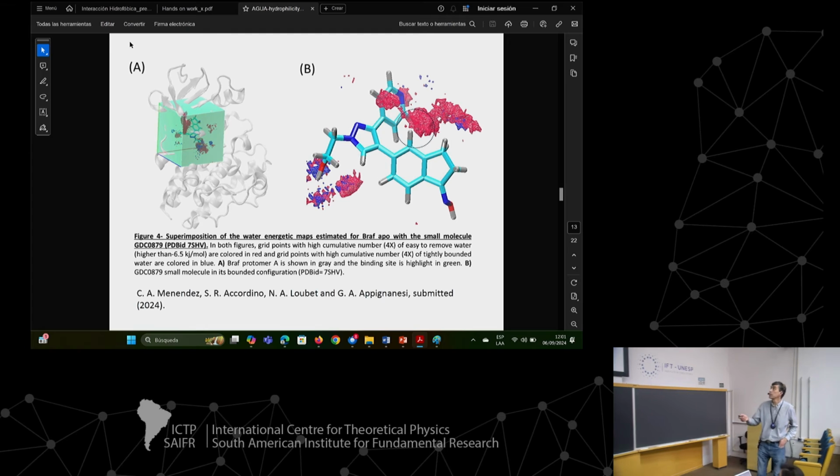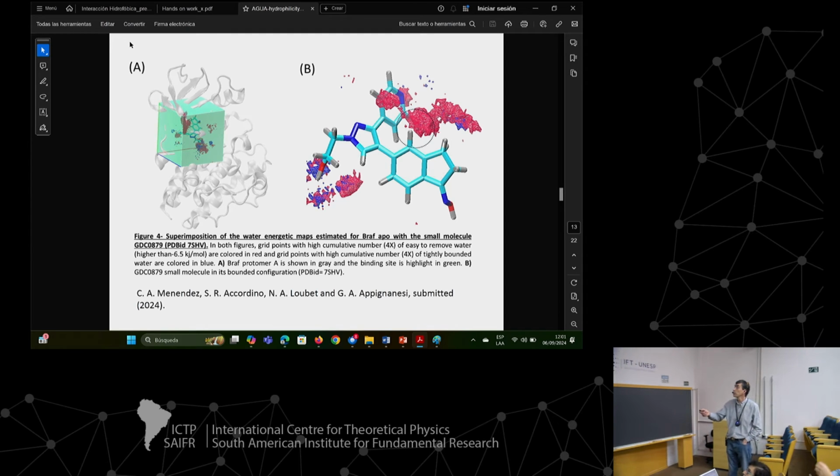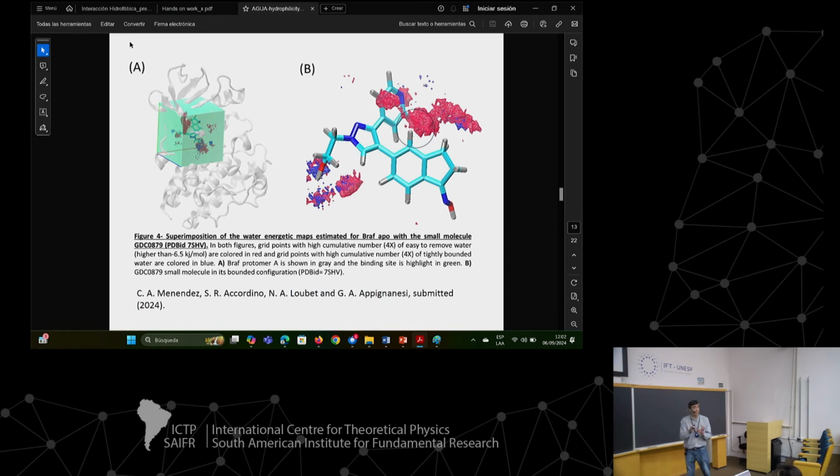Quickly, this is the binding site for one of these bromodomain proteins, and here it is co-crystallized with a ligand. What we are looking at here, in red, are the regions where you accumulate high density like water molecules, and in blue, places where low density water molecules accumulate.